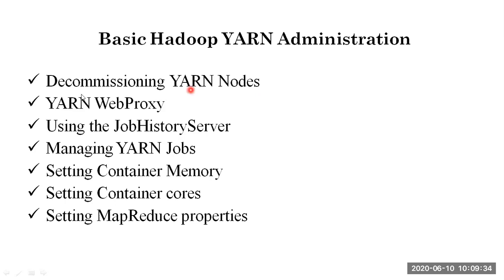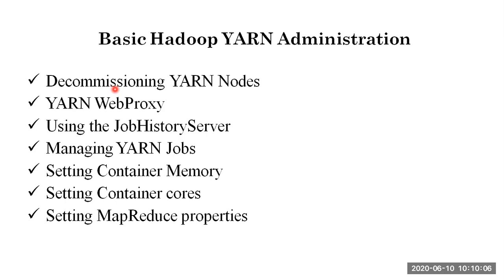See, decommissioning Yarn nodes, where I'm going to separate a node from my admin, where I'm going to remove a node from my configuration, where I can alter the node in my network. As Hadoop is a cluster, a group of nodes all working together, if a node is failing, or if a node has failed, that particular node can be removed.